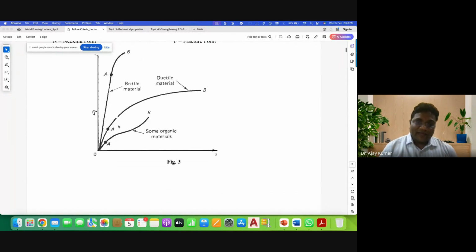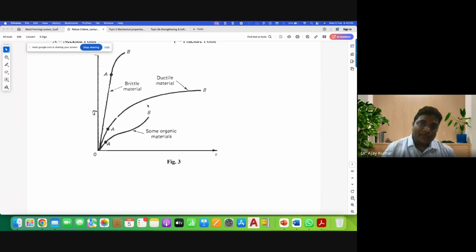So Hooke's law is valid within the elastic limit. We cannot apply Hooke's law in the plastic zone, or during plastic deformation. So we have a different law, the Hollomon or power law equation, where the strain hardening component, the strain hardening exponent, is added.